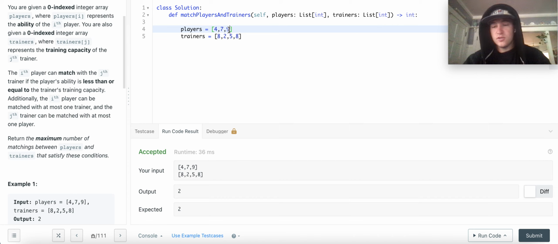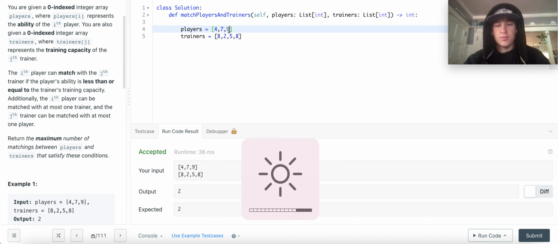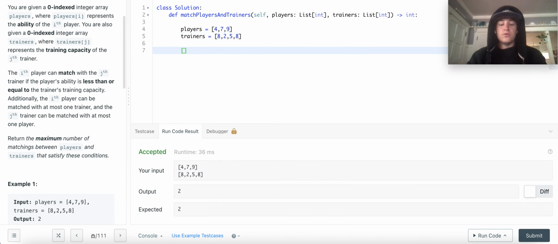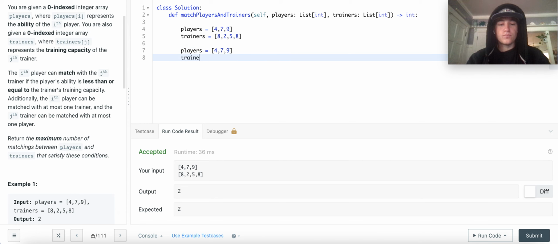you kind of have to have the intuition to think that there's probably a greedy solution to this problem. Because when you look at a list of trainers, if we sort the players, if we consider them sorted, since a trainer can only be matched with one player and vice versa, there's only one-to-one matching between players and trainers.